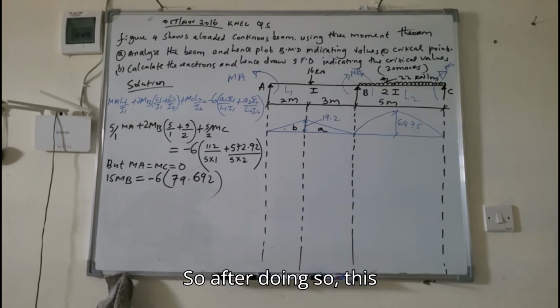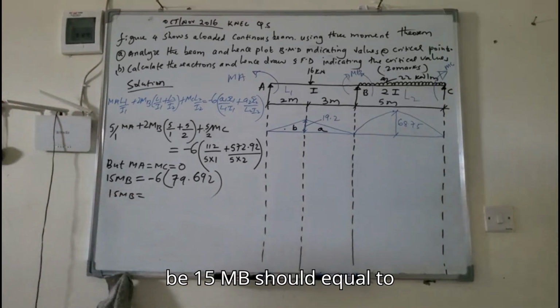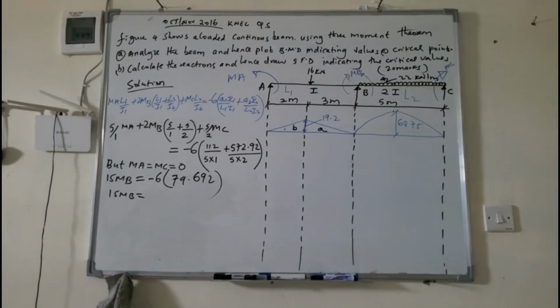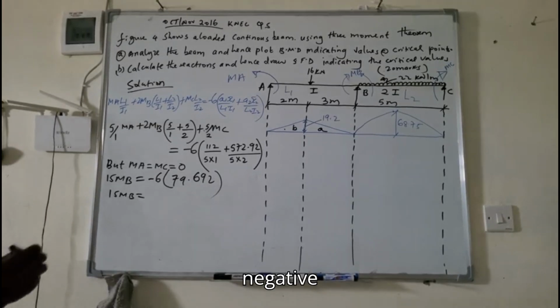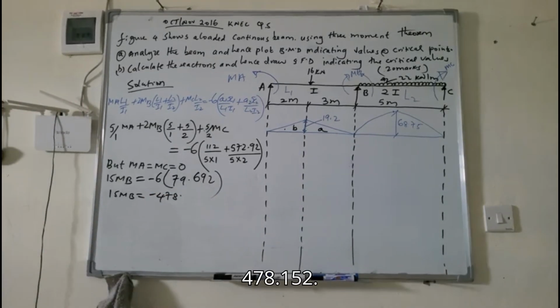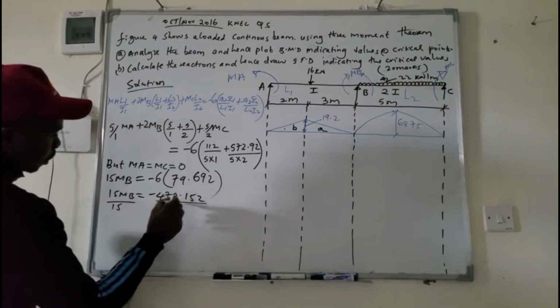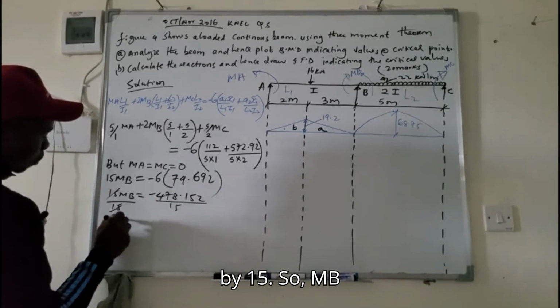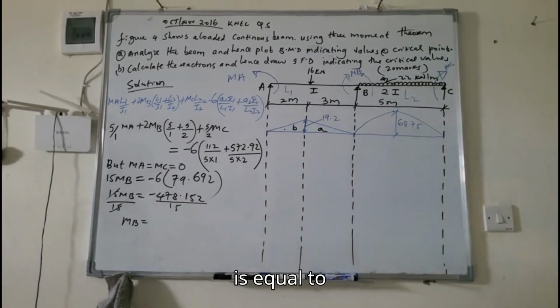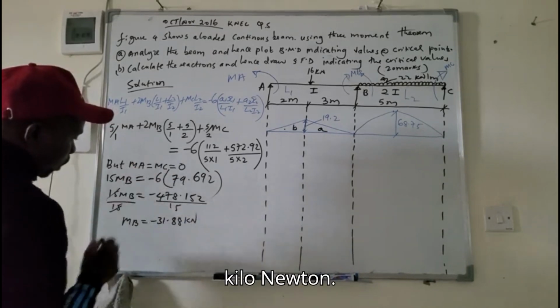After doing so, this one will be 15 MB should equal to negative 478.152. So you divide both sides by 15. So MB is equal to negative 31.88 kilonewton.